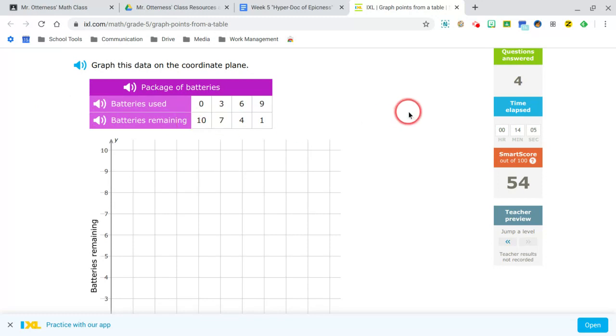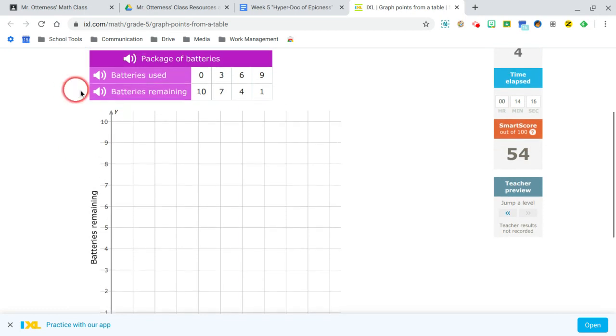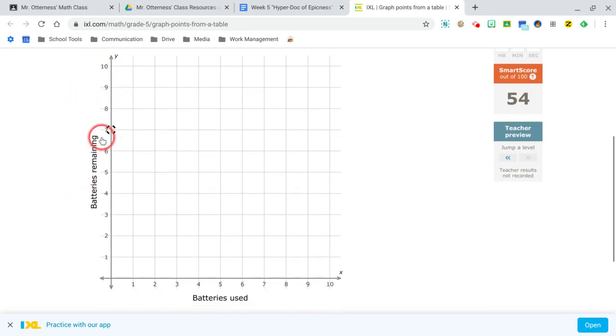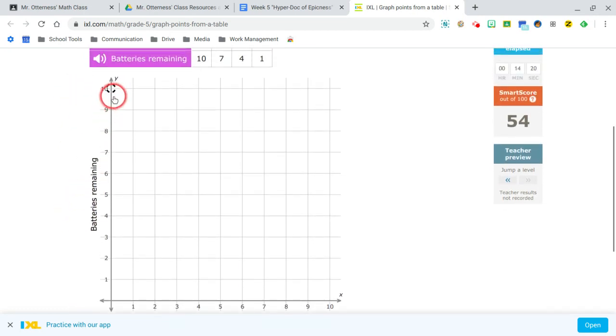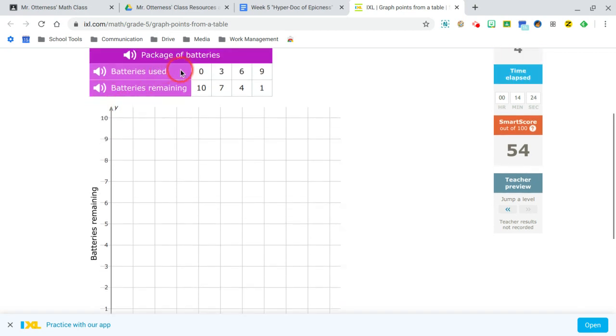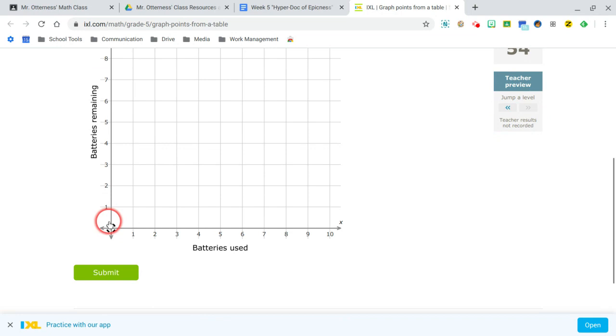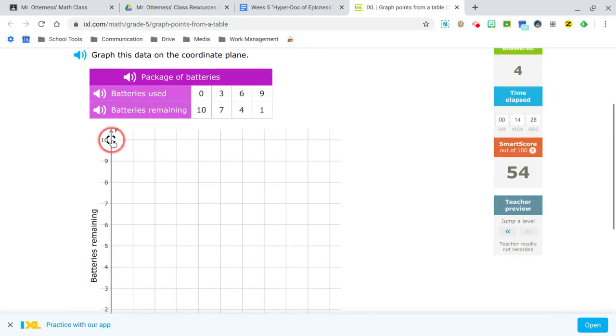In this example, we have batteries used and batteries remaining. So you start with a certain number of batteries. In this case, we start with 10 batteries, and we haven't used any, right? That's communicating that that's what we started with. So batteries used, 0 right here, and batteries remaining, 10. Boom. Okay? And now we've used 3 batteries.